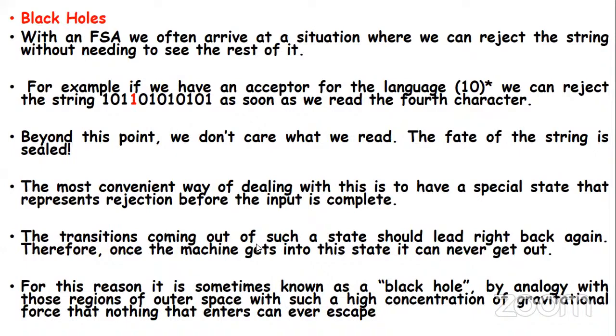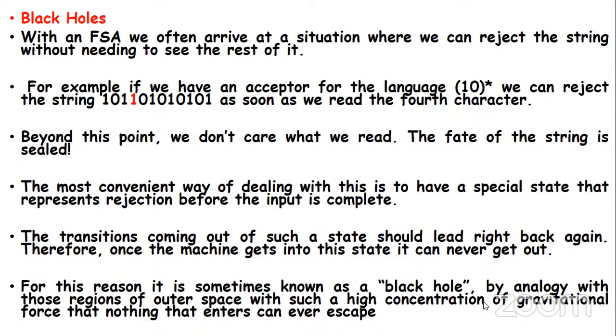The most convenient way of dealing with this is to have a special state that represents rejection before the input is complete. The transition coming out of such a state should lead right back again. Therefore, once the machine gets into that state, it can never get out. For this reason, it is sometimes known as a black hole.